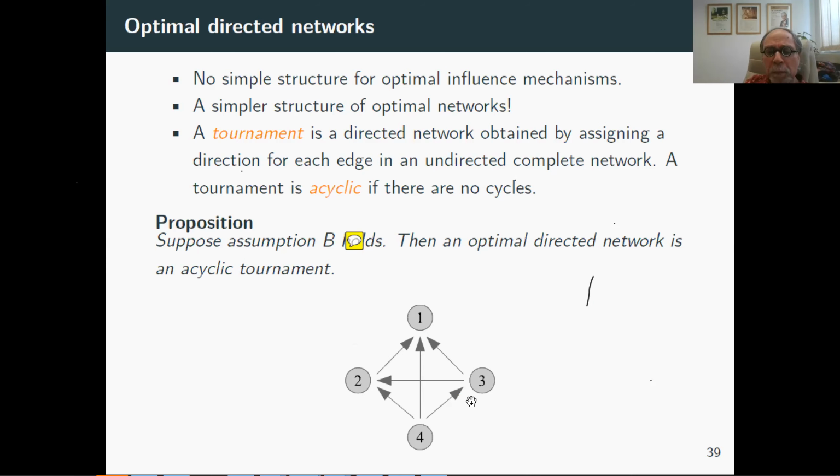So no bidirectional links, you mean? That's one thing, but there's more. Let's ask first: given a graph like this, what is the optimal mechanism? The optimal mechanism is to construct what is called the order. You start with the guy who is sending links to the most. So this is player one, and you form an order which is consistent with the directions of the graph.